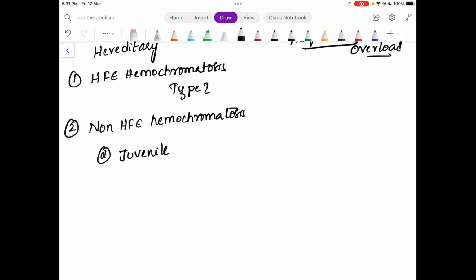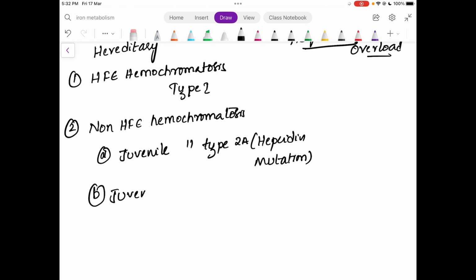Juvenile hemochromatosis type 2A, which is due to hepcidin mutation, and the second one is juvenile hemochromatosis type 2B, which is due to hemojuvelin mutation.